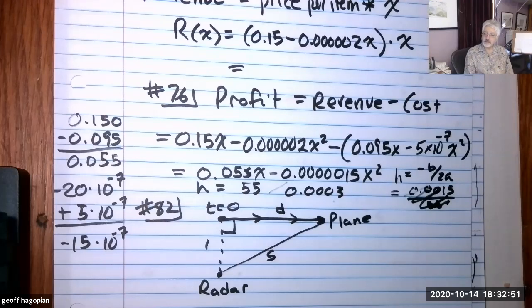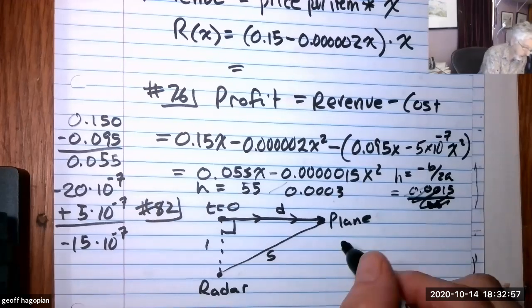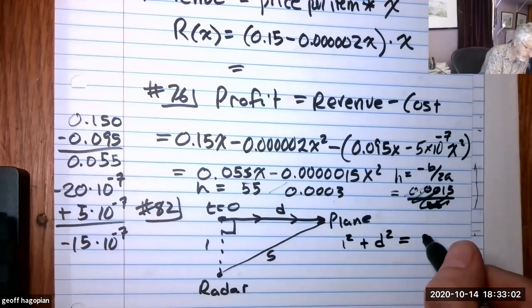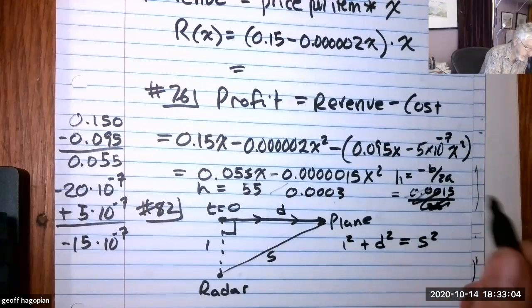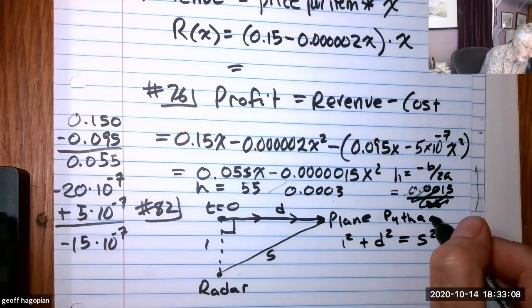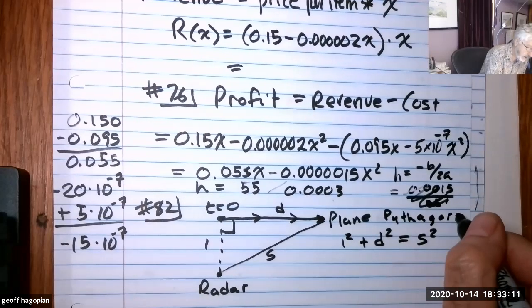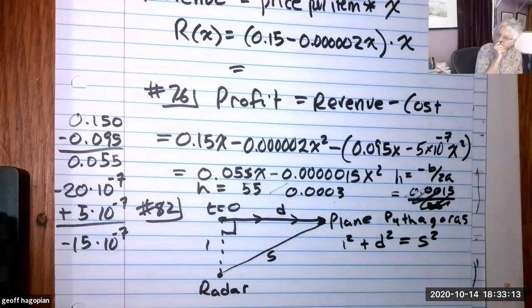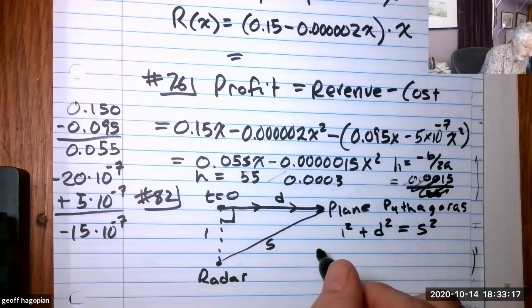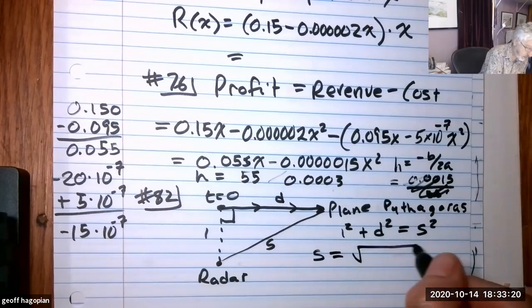That gives us, the legs are 1 and d, the hypotenuse is s, so 1 squared plus d squared is s squared, according to Pythagoras. Then we get s is the positive square root of 1 plus d squared.